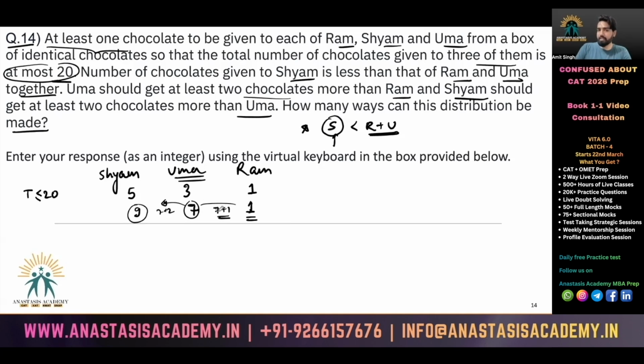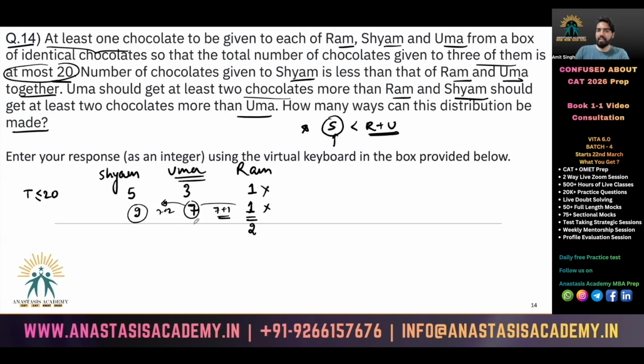It is never possible. So with 1 chocolate for Ram, we cannot find any case that qualifies under these rules. Now, I'm assuming that Ram has 2 chocolates.